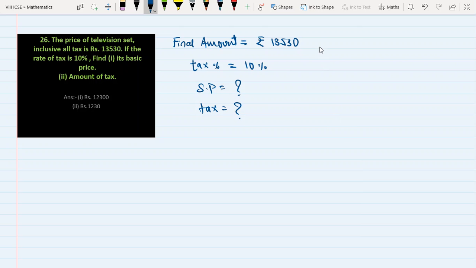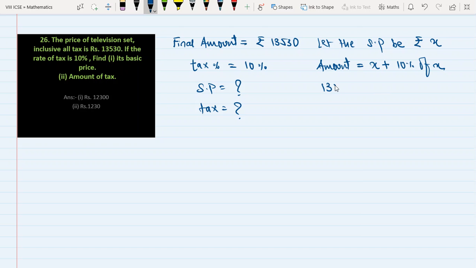Okay, that's easy. Let the selling price be rupees X. Okay, so amount is equal to X plus 10% of X. So what I've done, I've added 10% of tax into the selling price to get the amount.